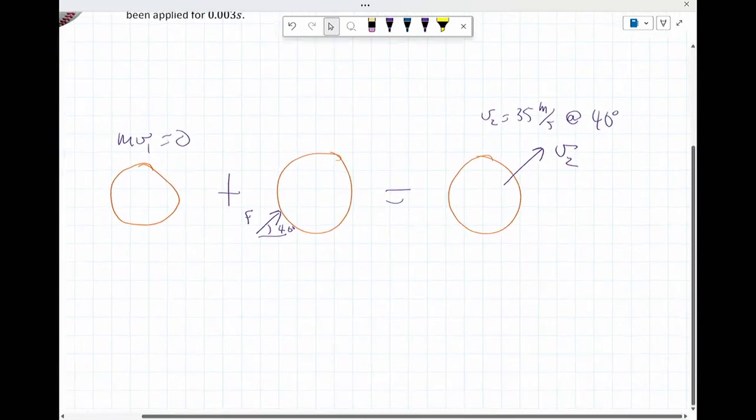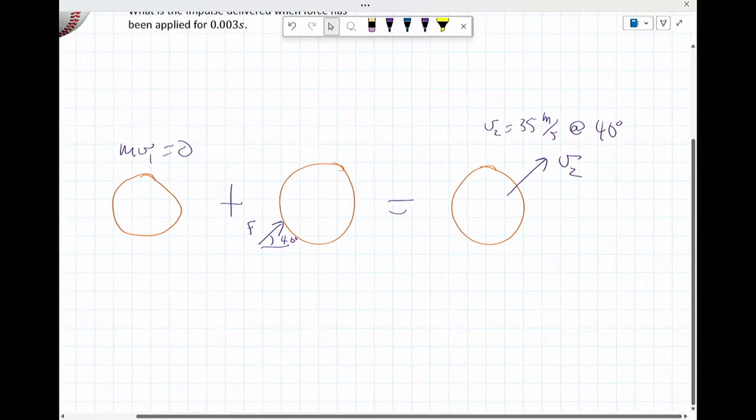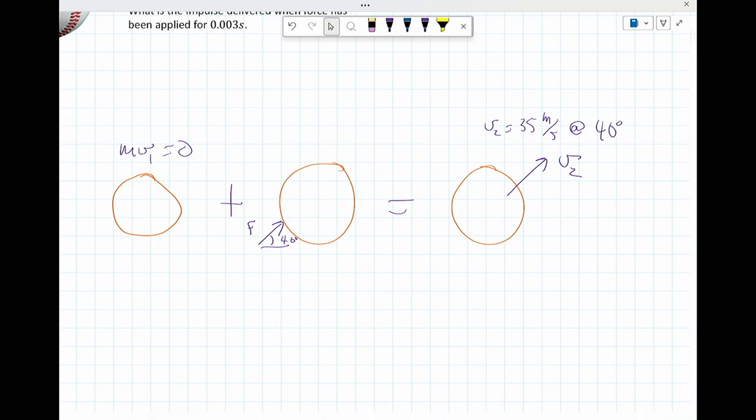But I kind of know what direction that force is applied, because it has to be applied in the same direction as the motion occurred. There's nothing in this diagram to counteract the final velocity. So if that's the only external force, it has to be applied at 40 degrees.